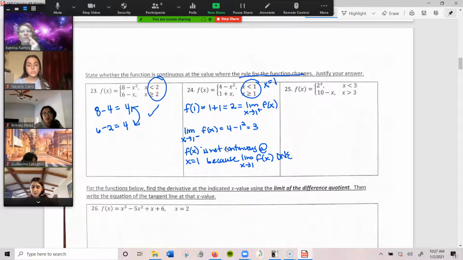What is the very first thing you do to check for continuity? F of 3 is undefined. Exactly. You notice here there's no x equals 3. It's either x is less than 3 or x is greater than 3. It's never x equals 3. So right there, you don't even need to plug in anything because at x equals 3, f of x is not defined.